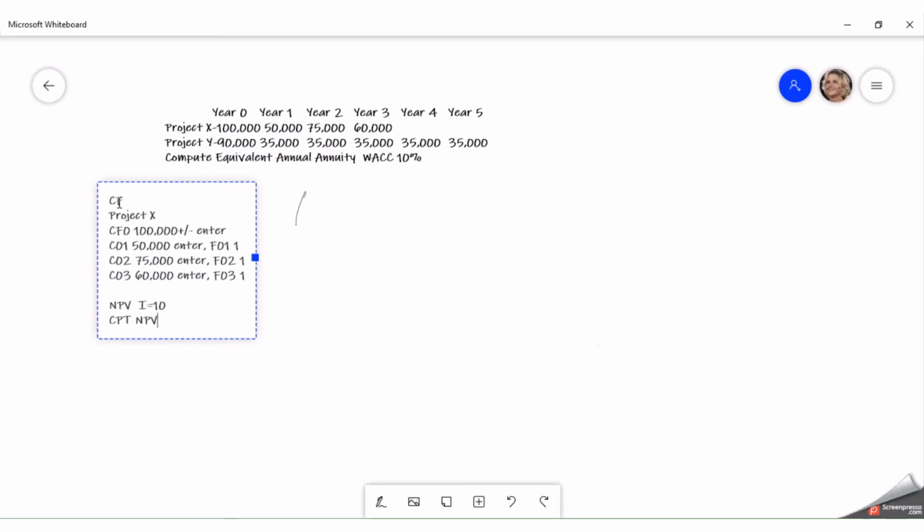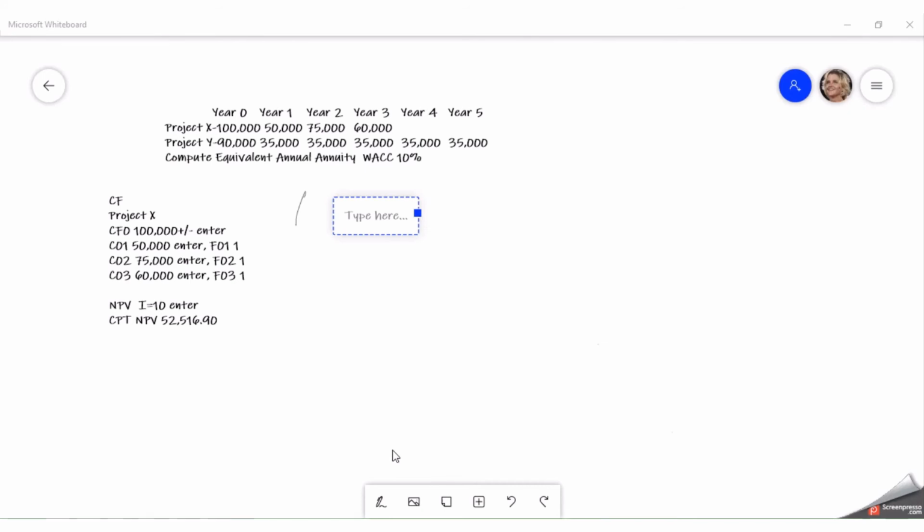Then come over to the net present value, make your I equal to 10, push enter, arrow down, and compute. And when we compute that net present value, we get $52,516.90.